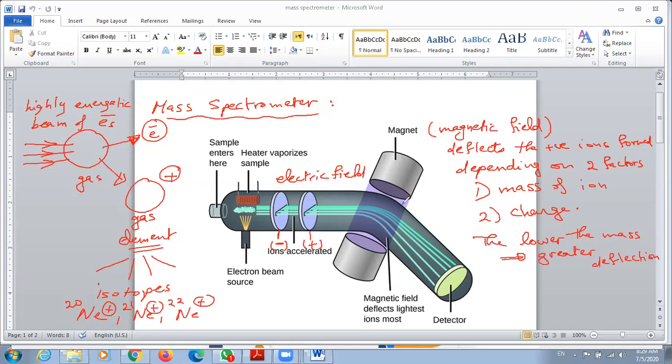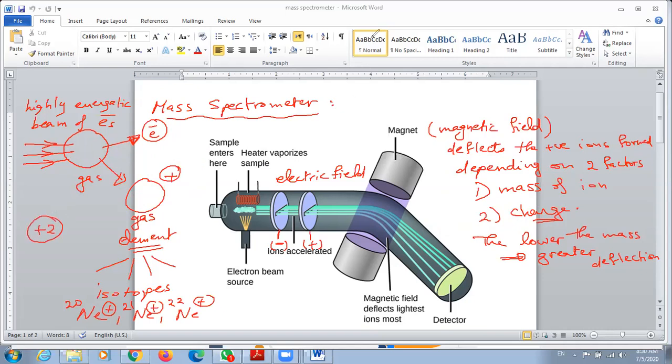Now, for the charge, we stated that when we subject our element in the gas state to the beam of electrons, an electron is ejected and it forms a positive 1 charge. We are always going to say that the charge is nearly always plus 1. But sometimes when the element is subjected to the beam of electrons, 2 electrons are emitted and we get a plus 2 charge instead of a plus 1.